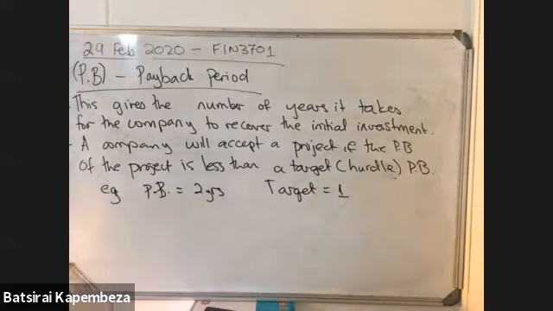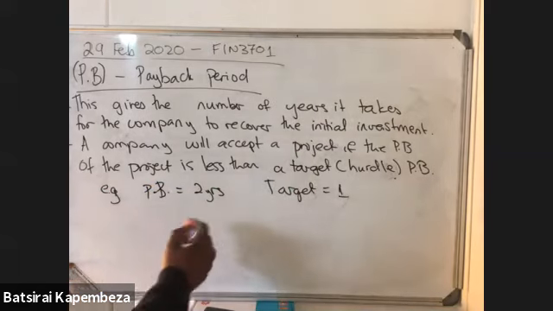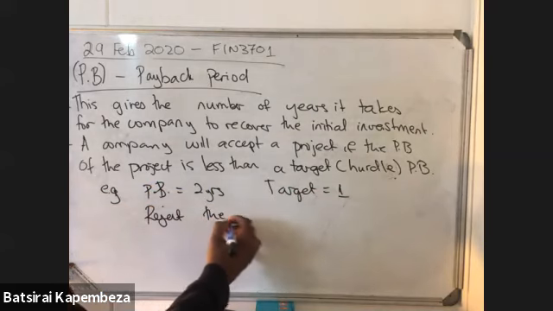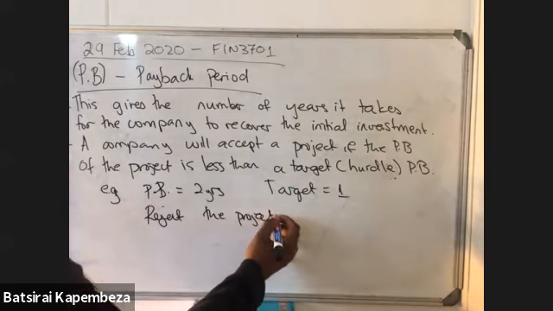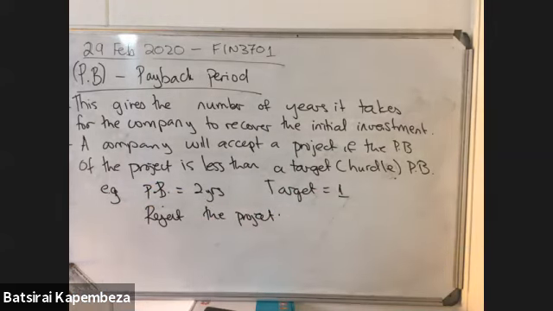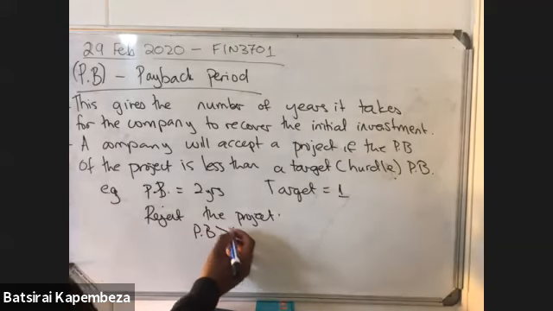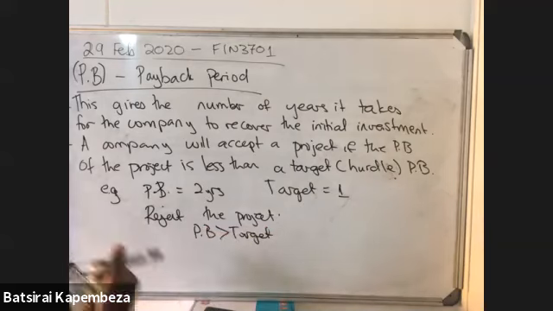The company will reject this project because 2 years is more than 1 year. So reject the project, as what we've calculated, the PB is more than the target. So that's how you make decisions based on the payback period.